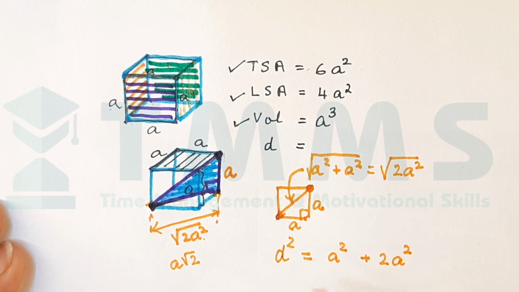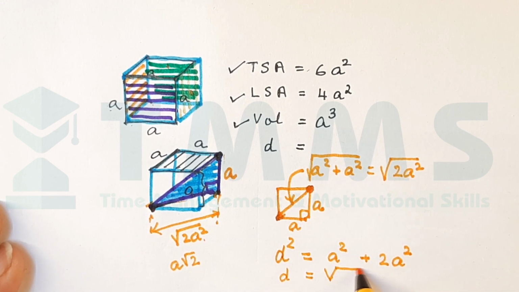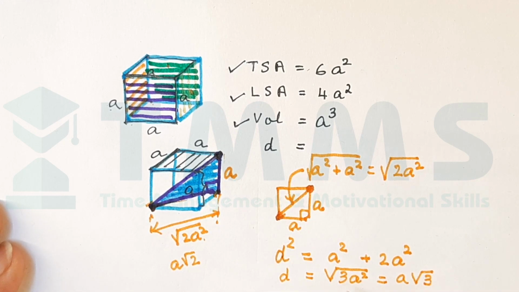And so we will have d equal to under root a square plus 2a square, which is 3a square, and that will be a root 3. Got that? Root of 3 is root 3, root of a square is a. So did we understand all three formulas for cube?